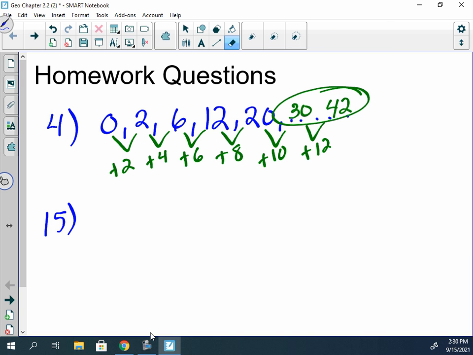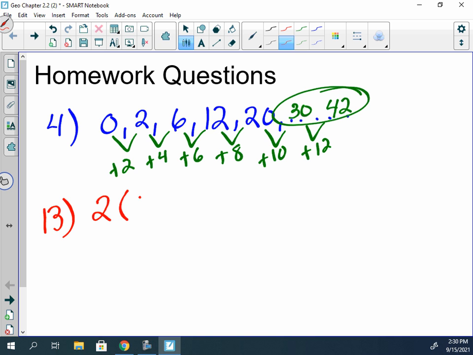So 13, the product of two numbers is always greater than either number. So two positive numbers, 2 and? Because 2 times 1 is 2. Greater than 2?